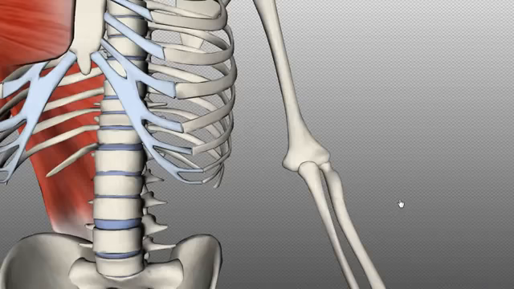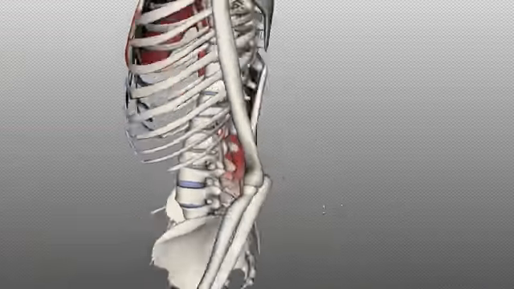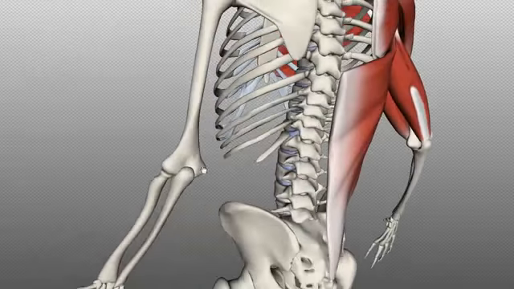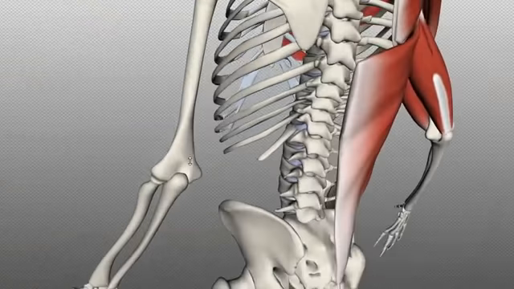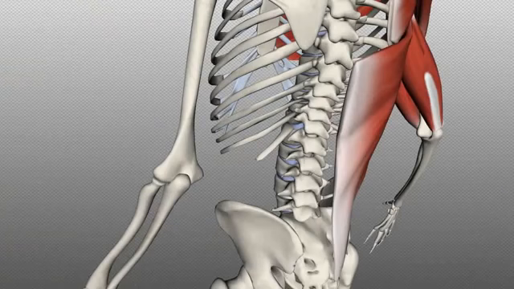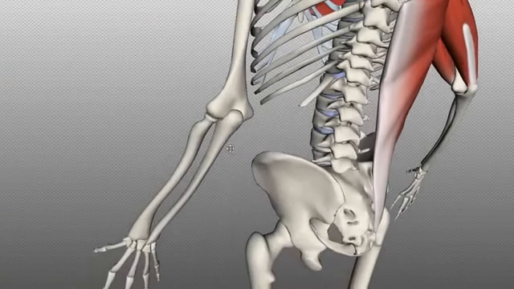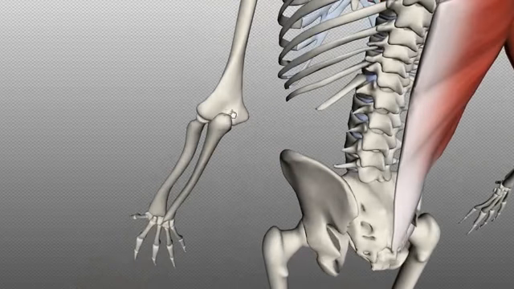So I've just flicked back to the 3D model, and then there's another fossa that you've got at the back known as the olecranon fossa. So this part of the ulnar bone is known as the olecranon. So the fossa, you can just see this little indentation on the distal part of the posterior humerus.